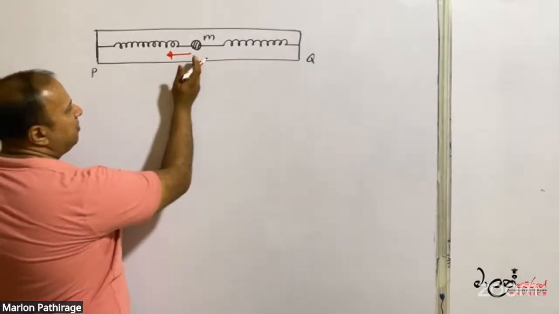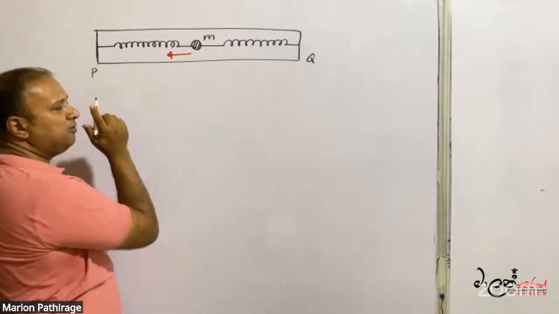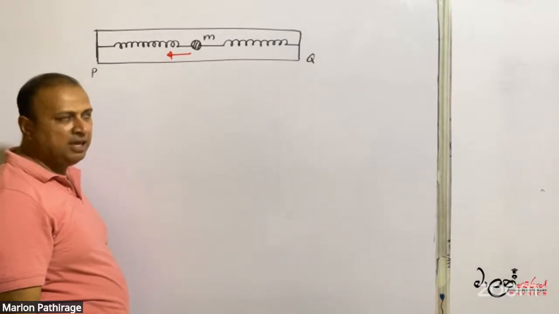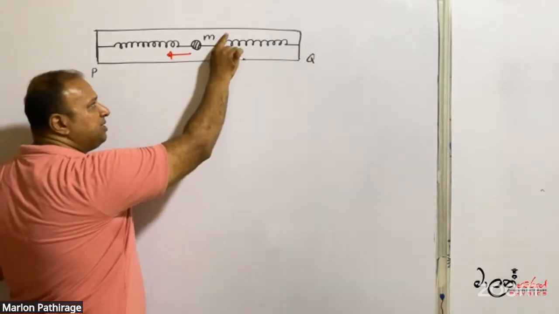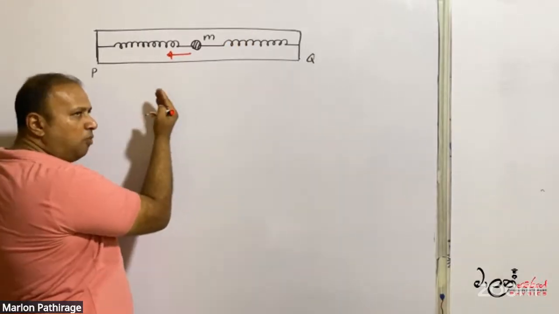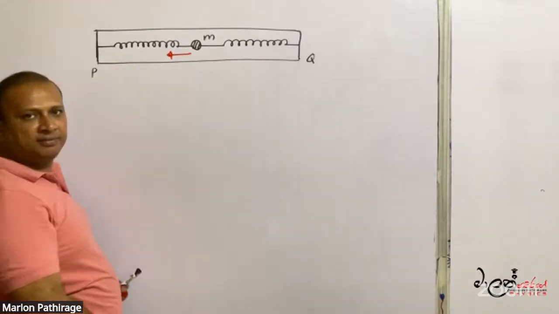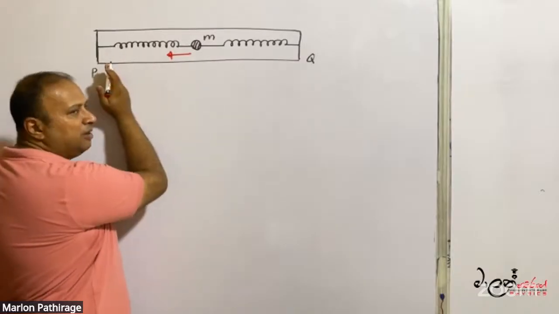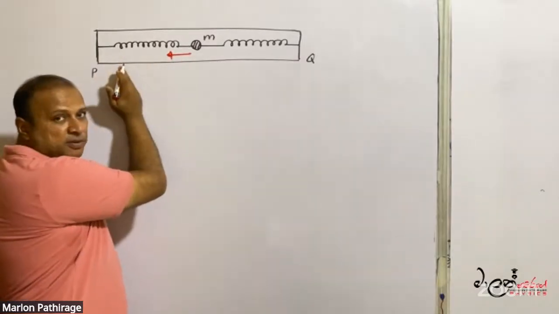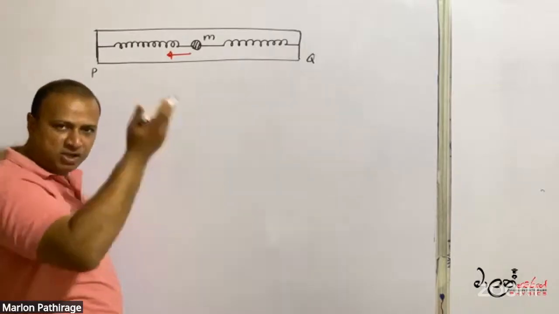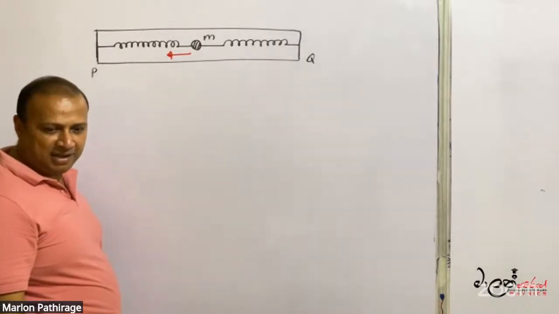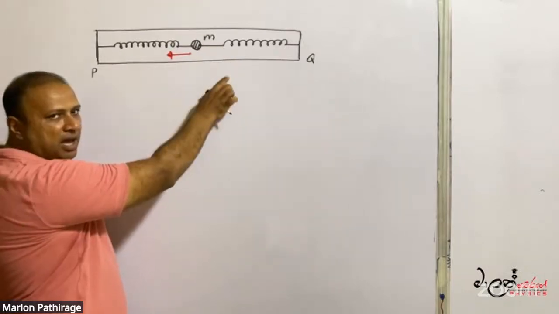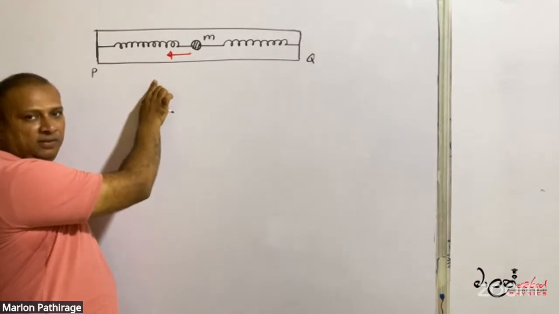If this mass moves towards this direction, what will happen? This spring will contract and this one will be stretched more. Therefore, the elongation of this side will be higher than the elongation of this side.